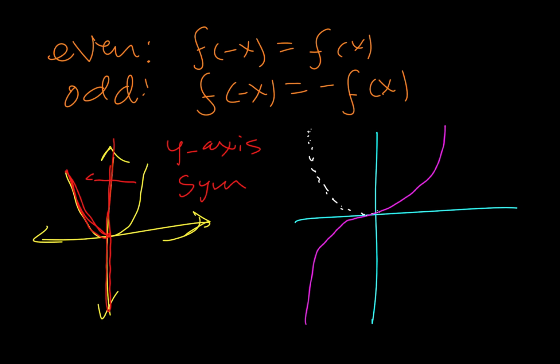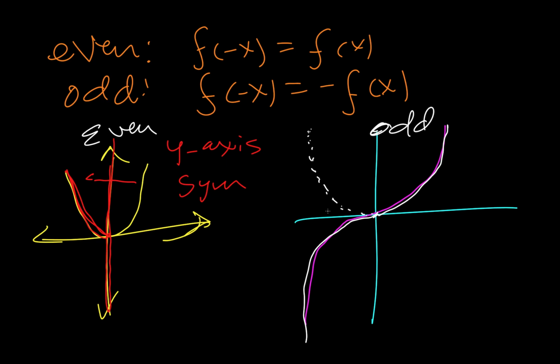So if I can fold this piece to here, and then I fold it down to here, it would make the same piece of the graph. So once again, this was odd. This is a visual definition of odd, and this is a visual definition of even.